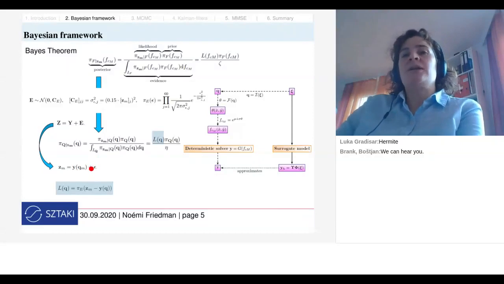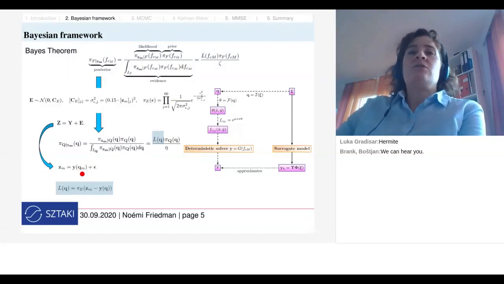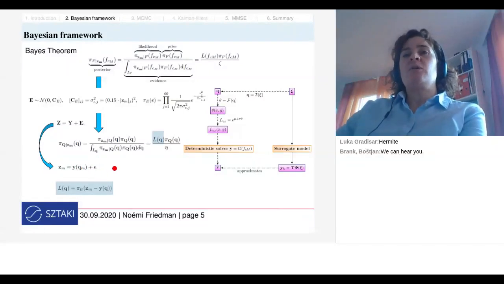I use some measurement equipment, and the measurement equipment has a certain precision. So now I'm putting these two things together. I suppose that both of these errors are additive errors, and they look like random noise.